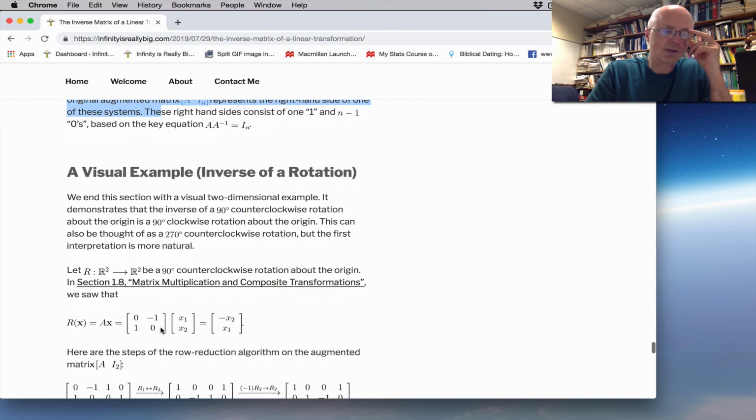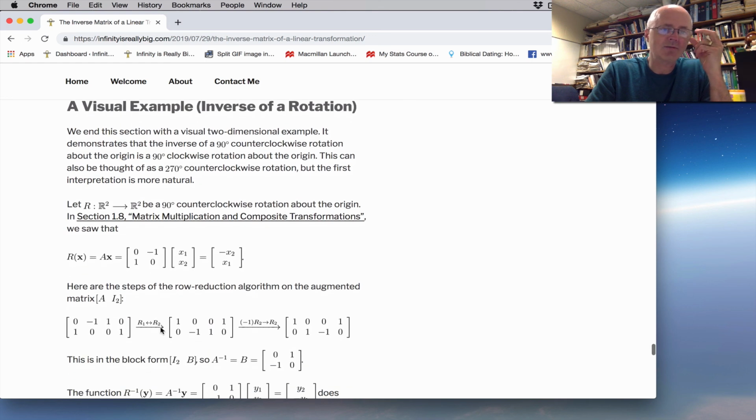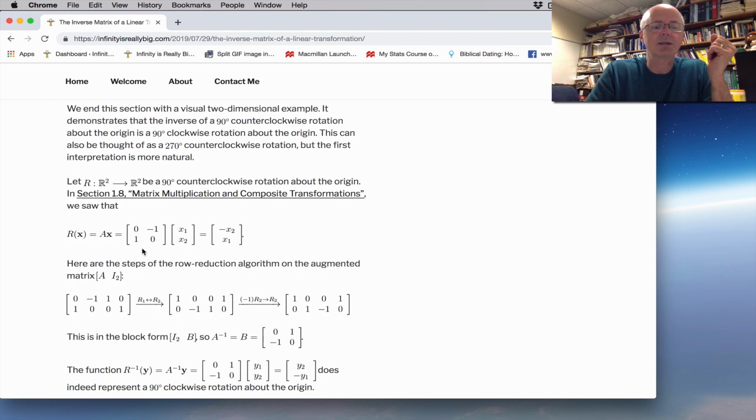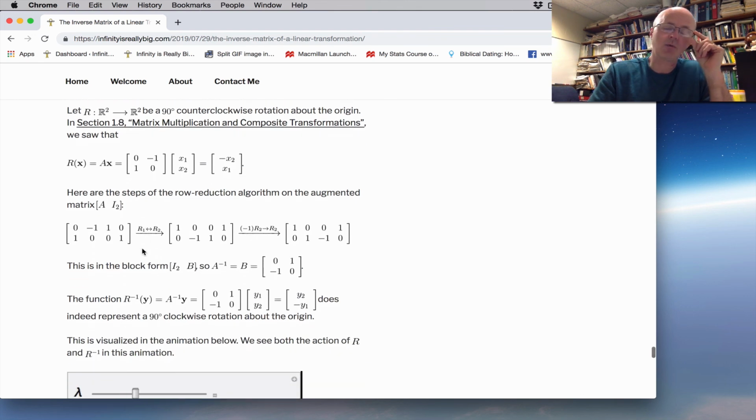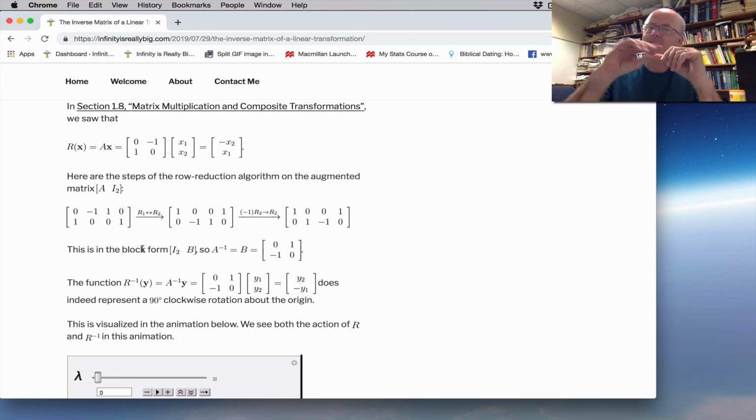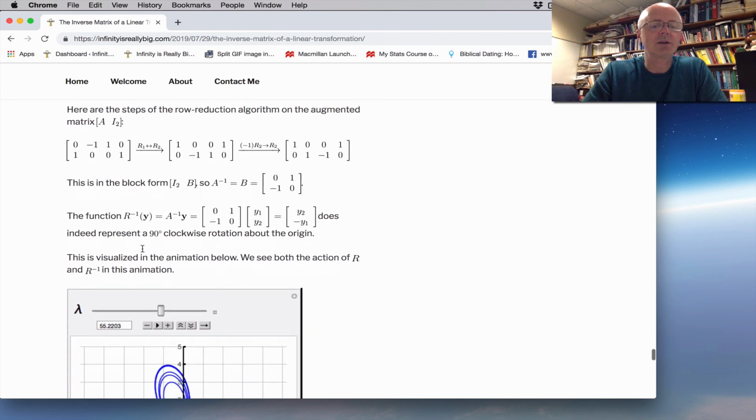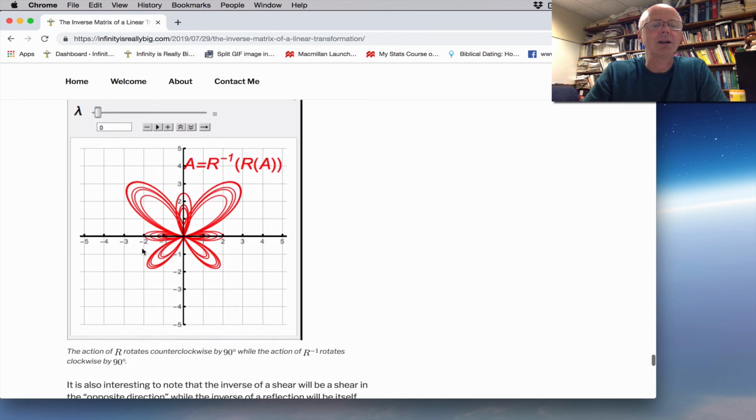Finally, here's our visual example. We're talking about a rotation of 90 degrees counterclockwise around the origin. Here's its matrix. Its inverse matrix evidently will represent a rotation clockwise 90 degrees around the origin. It should make intuitive sense that those kinds of operations will undo each other, and in fact that is the case. And here's your visual.